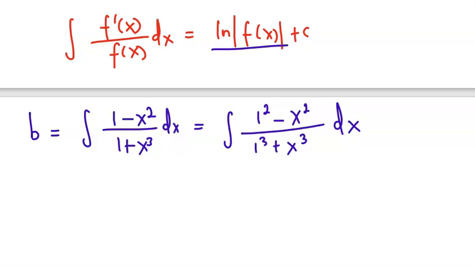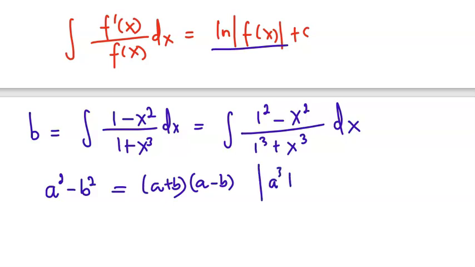So let us call upon the following formulas. a squared minus b squared, the difference of two squares, is equal to a plus b multiplied by a minus b, right? And for the sum of two cubes, a cubed plus b cubed is equal to a plus b multiplied by a squared minus ab plus b squared, right?